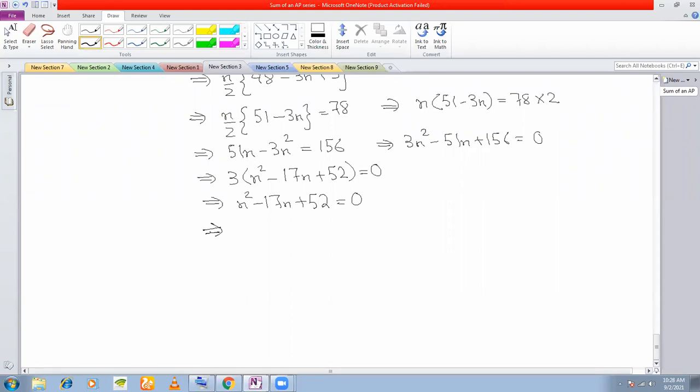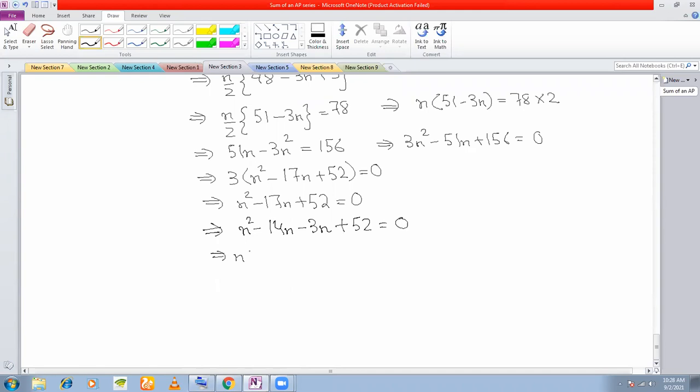2 into 26 is 52. 3 into, not, you cannot divide with 3, you can divide with 4. 4 into 13, yes. So you can write this as n square minus 14n minus 3n plus 52 equal to 0.